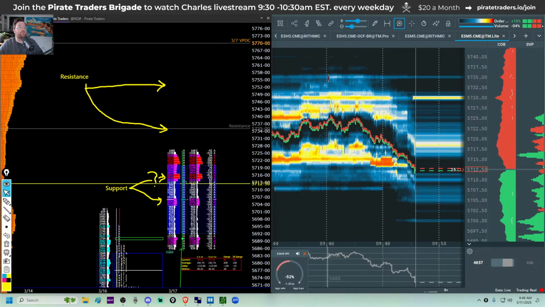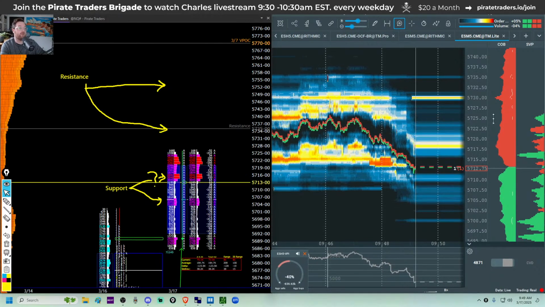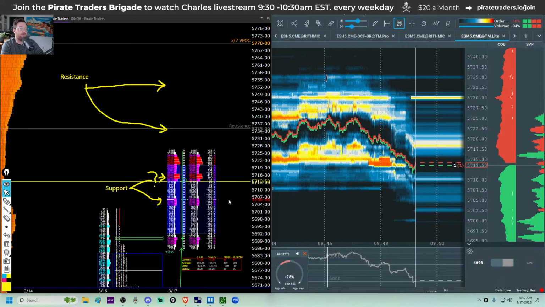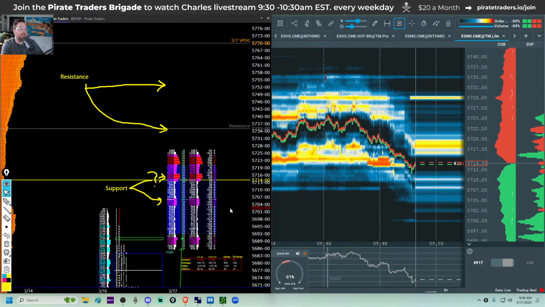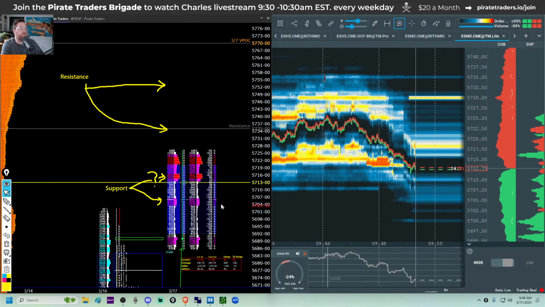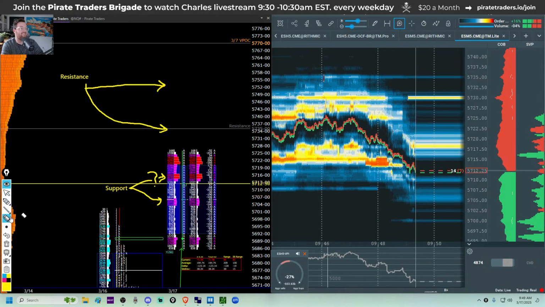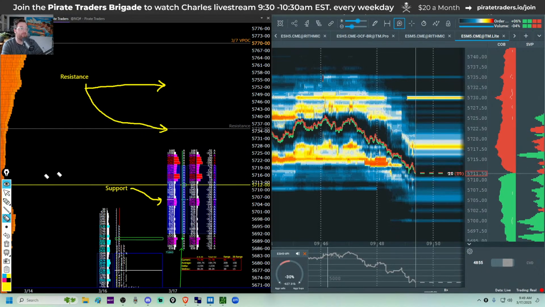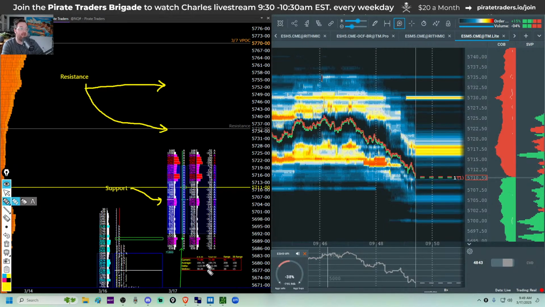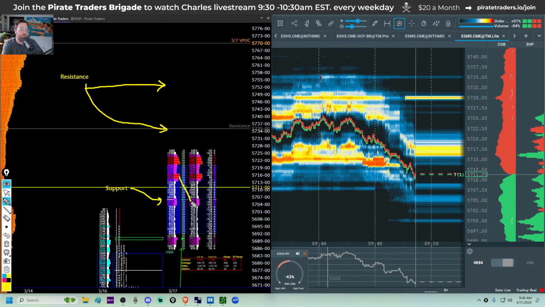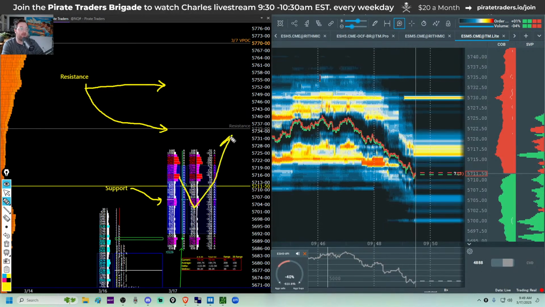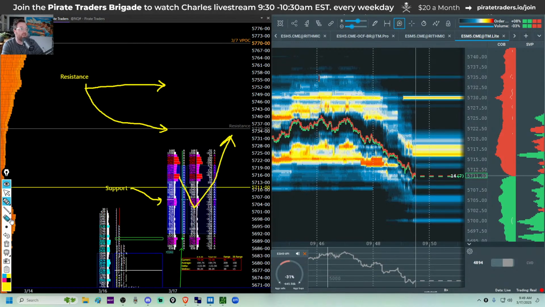Okay, so we didn't hold the support. That increases the odds we're coming back down, looking for support between 57.06 and 57.02. The market is still bullish. The higher probability is still that it is going to continue higher today. It just needs to cool off a little bit and bring in some discount shoppers. Let's see if they can hold this overnight high.